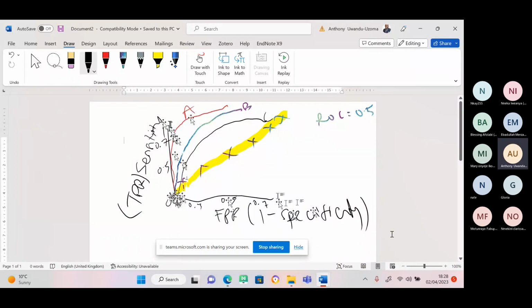At this point here, let's say if I choose this place and trace it down, you see that this is somewhere around 0.2, which is 80% specificity. Then if you mark it here, you see that it's around 0.9, and that is 90% sensitivity. So we want our test to be as close as possible to the upper left side of this graph.